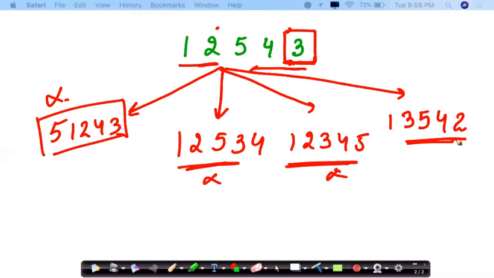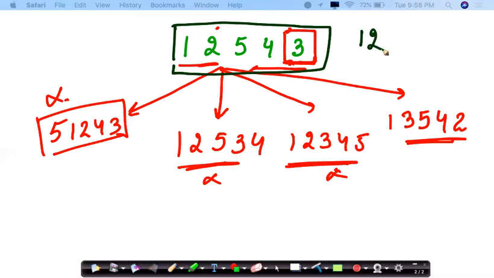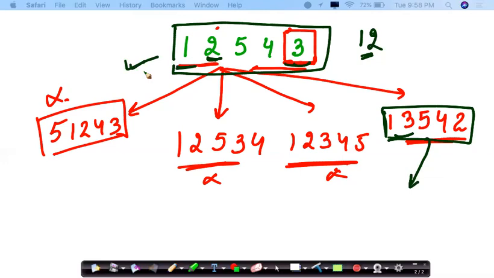Okay, so if we observe carefully, then this is the number which is the greatest number starting from 1, 2. Now, if we have replaced this 2 with this 3, then we have found a number which is the greatest number starting from 1, 3. Now we want to find the smallest number starting from 1, 3 to find the next permutation of this number.